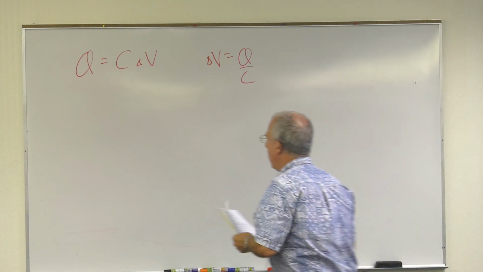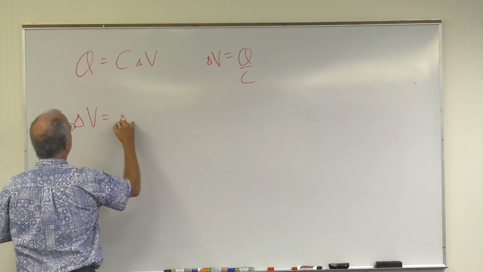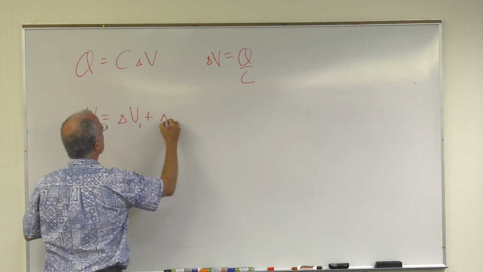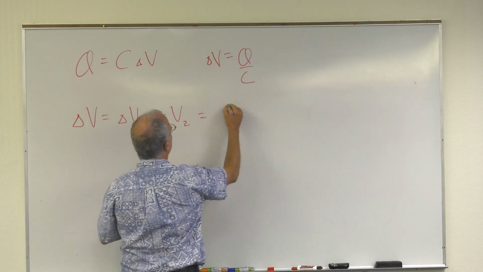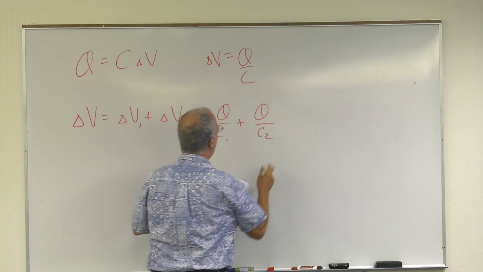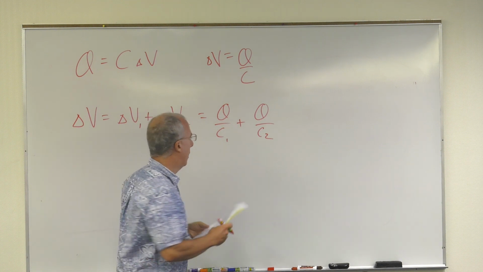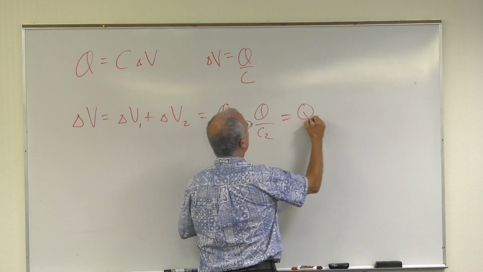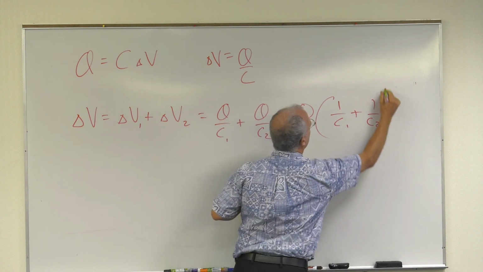So delta V total is delta V1 plus delta V2. Let's plug this in. So you have Q over C1 plus Q over C2. I didn't have to put subscripts on the Q's because they're the same. I can pull out the Q. I have 1 over C1 plus 1 over C2.